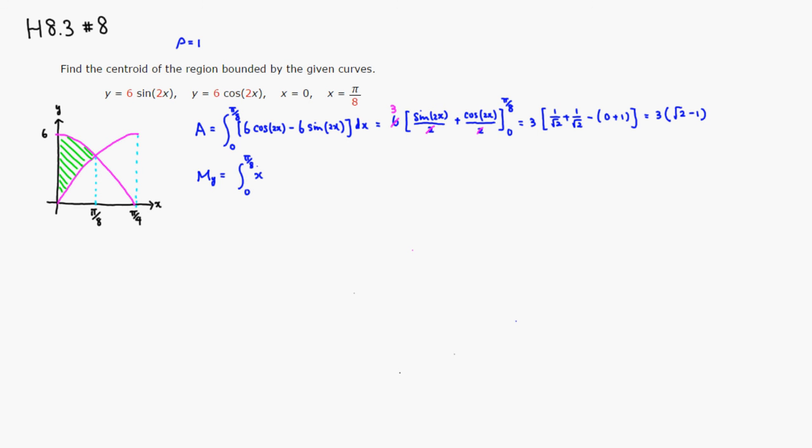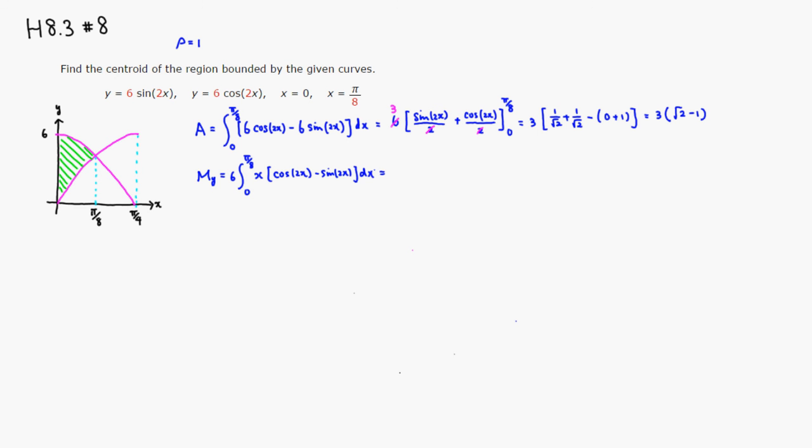I'll just put the 6 outside here. Then you have cosine of 2x minus sine of 2x, with respect to x. So we compute that.